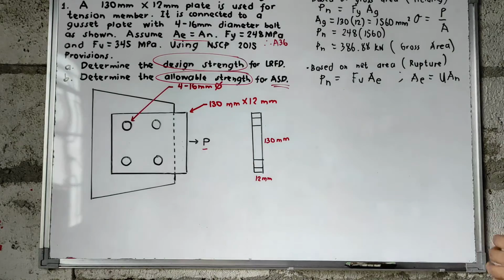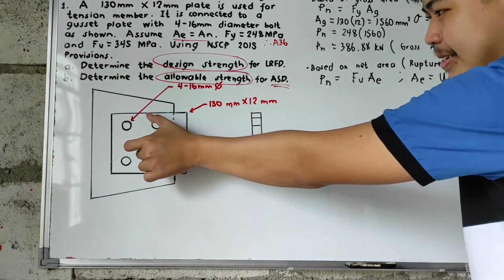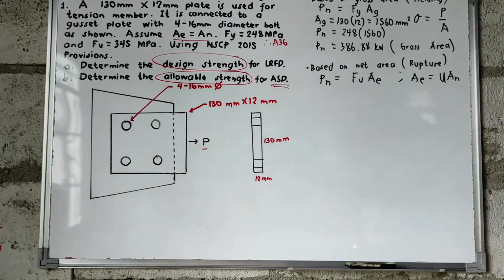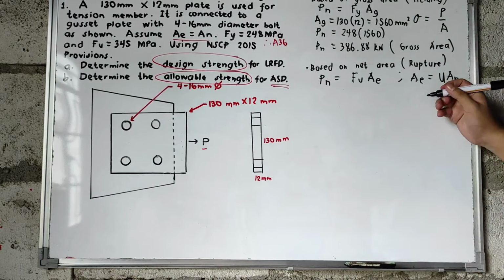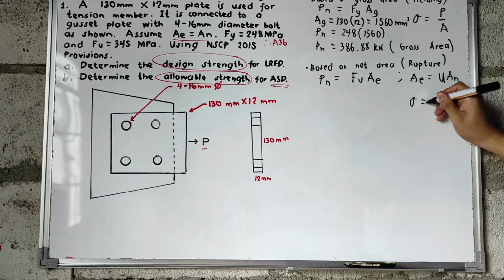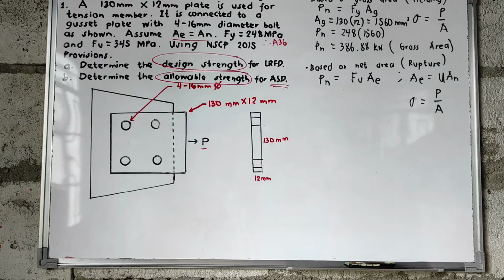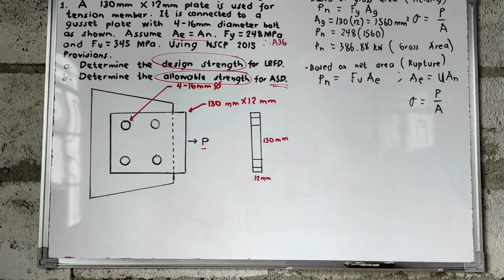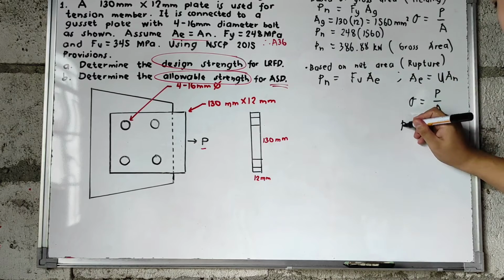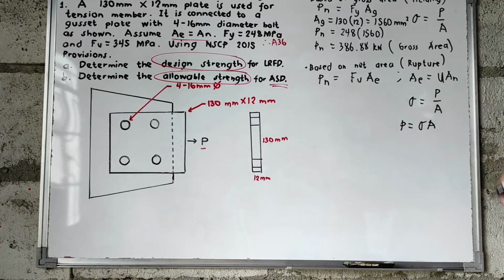Kung titingnan natin dito, kung i-consider natin etong plate natin, kung babalikin natin yung formula natin, stress is equals to force all over area, and kukunin natin yung value ng force natin, that is stress multiplied by area.